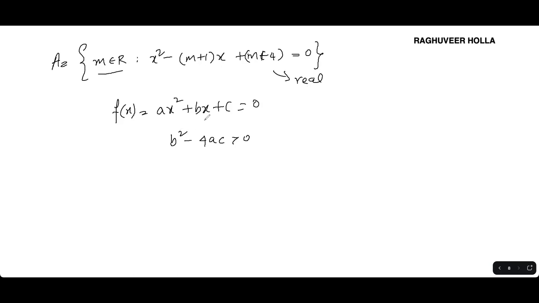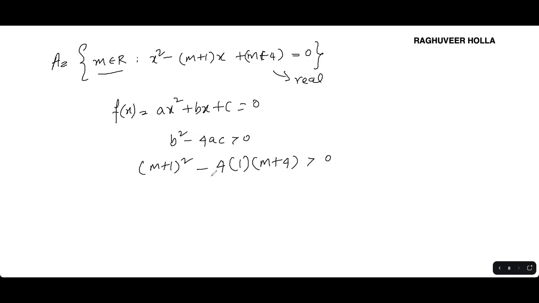Now you have the coefficients here: a is 1 and b is minus of m plus 1 and c is m plus 4. So let us substitute this. So this will be m plus 1 whole square minus 4 into a, which is 1, and c, which is m plus 4, greater than 0, right?